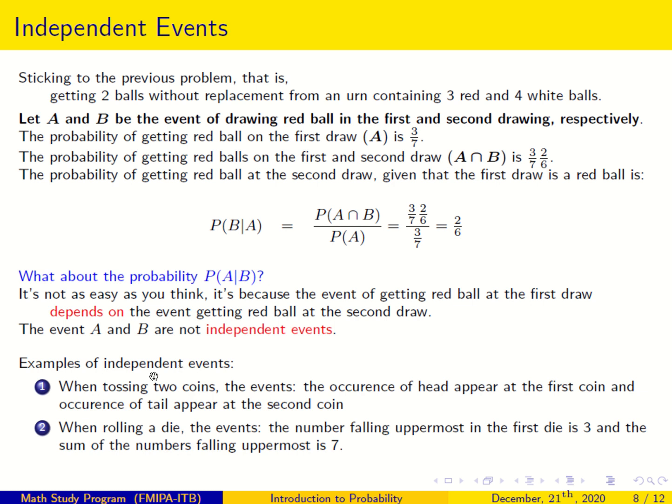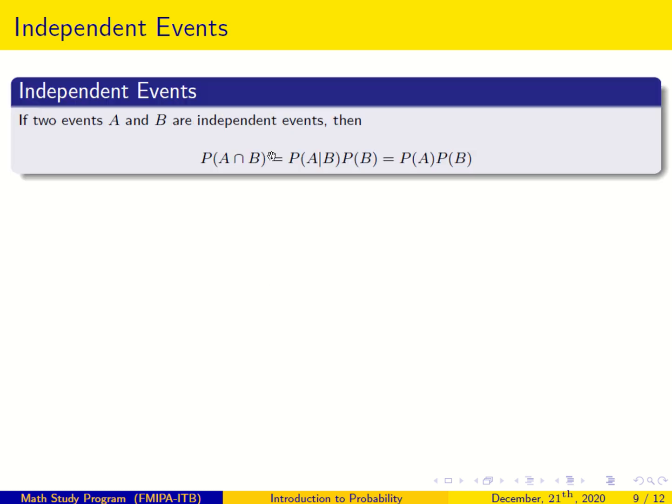So this is an example of independent events. You can look at it. If we want to check whether two events are independent, we can check as this. The probability of A intersection B by conditional probability is the probability of A given B times the probability of B. If A and B are independent events, this is the same as the probability of A.